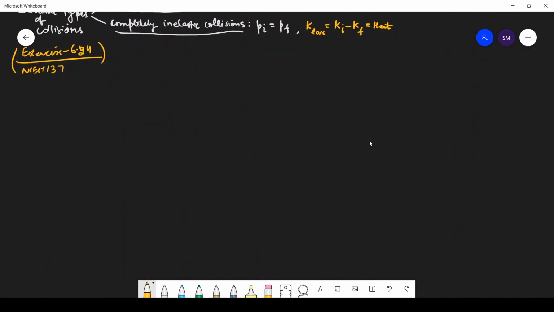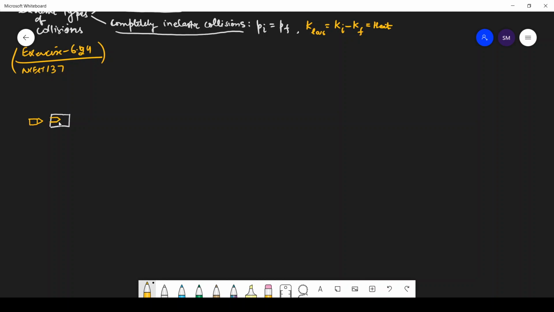A bullet of mass 0.12 kilogram and horizontal speed. So we have a bullet over here, and you know its mass and speed, and it strikes a block of wood of 0.4 kilogram and initially comes to rest with respect to the block.